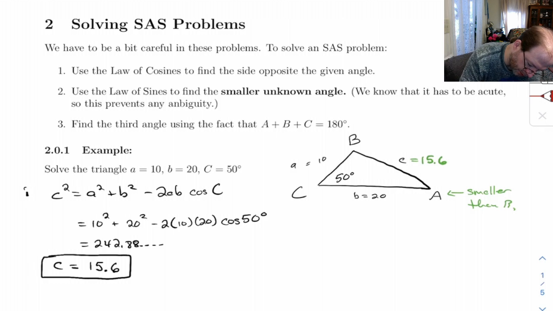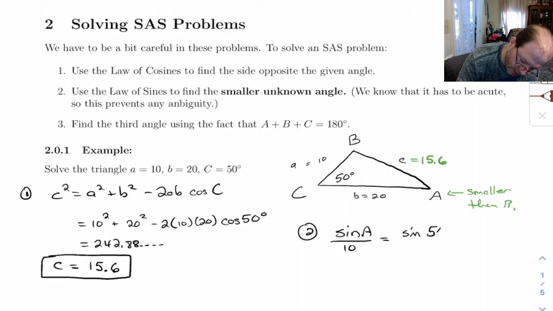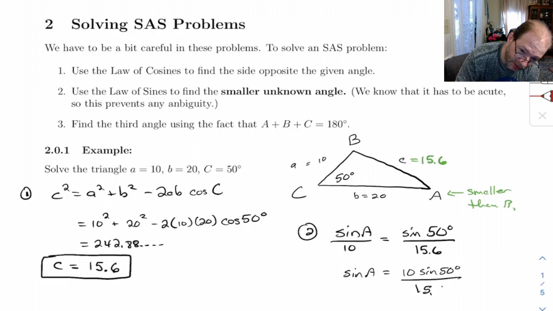Step 1, step 2. Let's see, we're supposed to find A, so I'm going to put my angle on top. Sine A over 10 equals sine C over little c. So I get sine A is 10 sine 50 over 15.6.